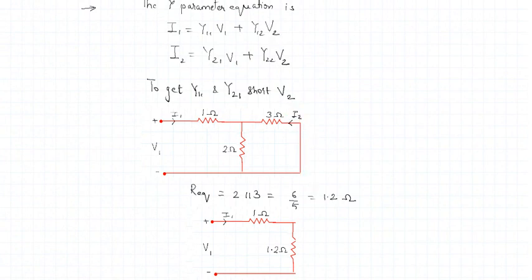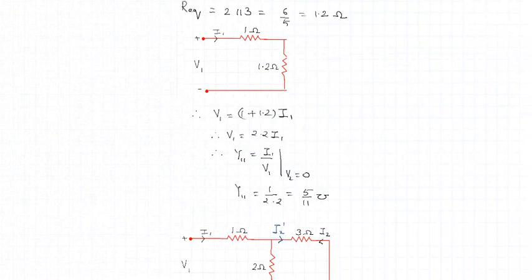So here we can directly get the Y11 parameter by the equation I1 by V1 when V2 is equal to 0. We know that I1 we kept as it is, and V1 is 2.2 I1. So I1 gets cancelled. We get 1 upon 2.2, which is equivalent to 5 by 11 mho. The admittance parameter has a unit of mho.